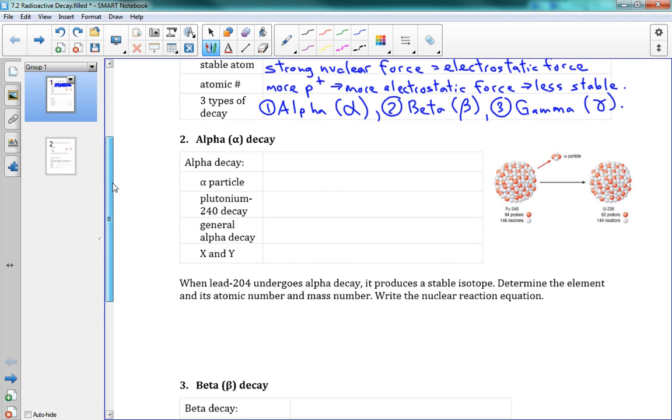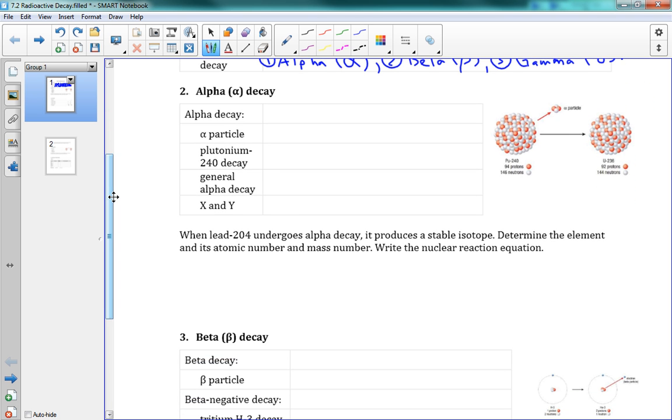So our first type of decay, alpha decay. Well, what is alpha decay? That's when the nucleus emits an alpha particle. And maybe that's not very helpful because you don't know what an alpha particle is.